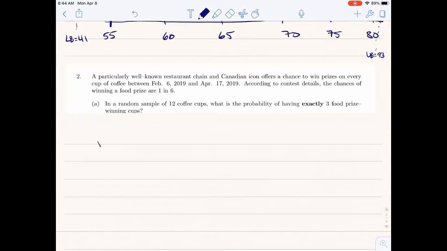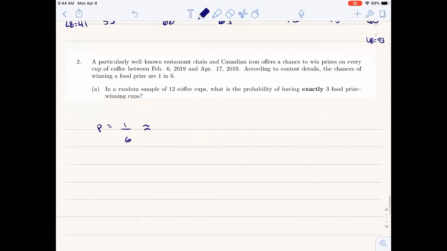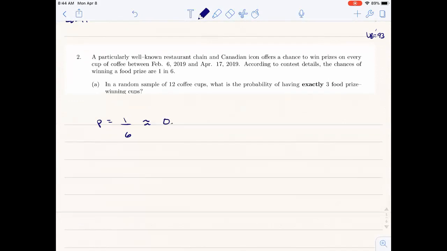So what we have is the probability of success is 1 in 6, which if you wanted to is 0.166 repeating.